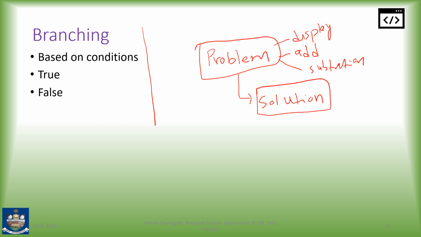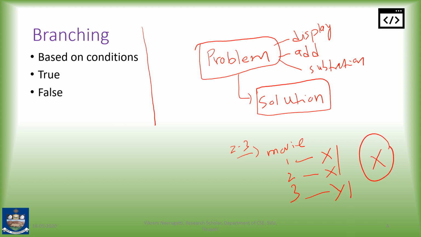Generally, 2 to 3 students or families may think to go to a movie, but among those 2 or 3 students, one student may want to go to movie X and some may go to X or some may go to Y. Here we have two options, but finally we will go to X, somehow based upon the majority or somehow based upon the interest of other friends.